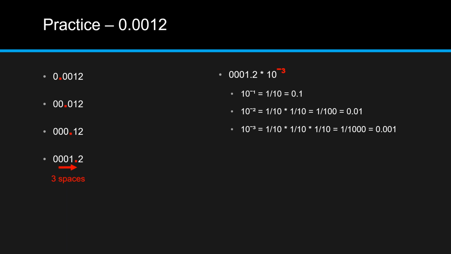And when you're multiplying a number by a small fraction like that, you are making it much smaller. So back to our original problem, we figured out that 0.0012 can be written as 0001.2 times 10 to the negative third. And we can get rid of those zeros at the front and just write it as 1.2 times 10 to the negative third.